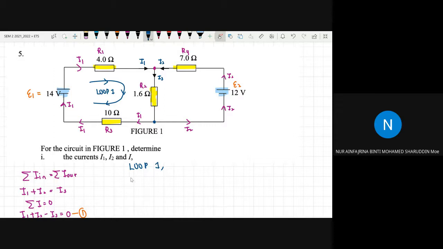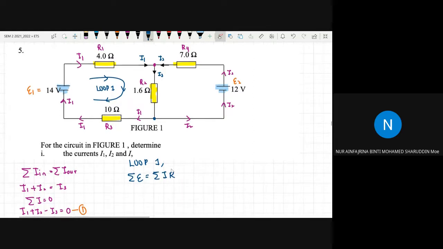Okay, kita tahu summation of EMF kita akan sama dengan summation of IR kita. Kita akan pakai second Kirchhoff law. Now, lepas Miss dah lukis loop, I'm going to determine my direction of EMF. Ingat, direction of EMF adalah from negative terminal to positive terminal. Okay, dekat belah sini, untuk loop 1, dia ada satu EMF sahaja.